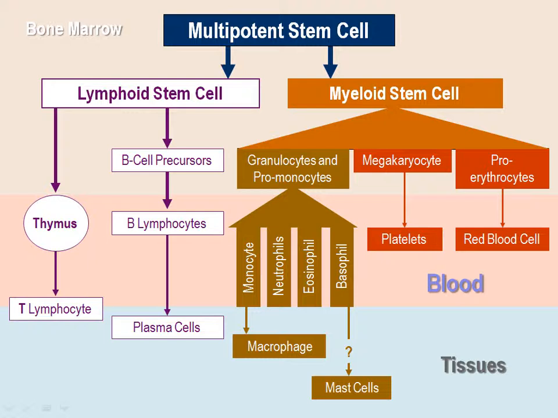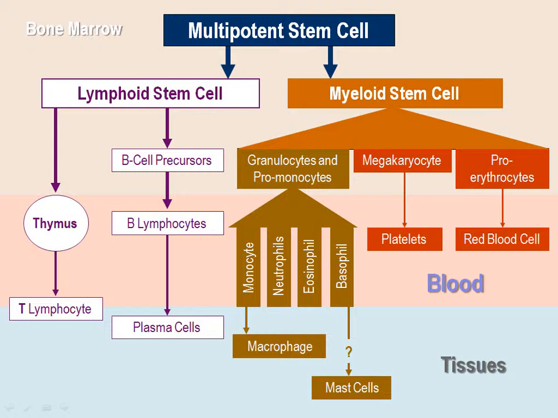Let's go quickly over this diagram so that you can get a little oriented about the cell types of the adaptive and innate system and trace their origin. They all originate in the bone marrow from so-called multipotent stem cells.